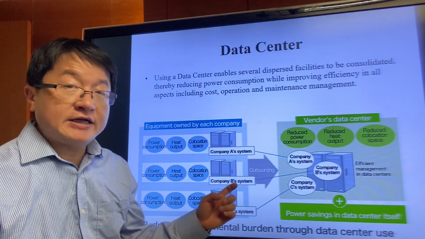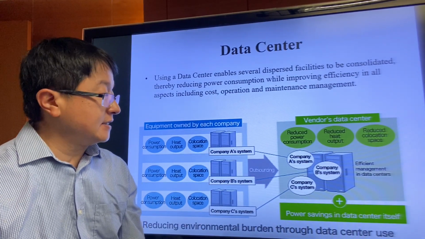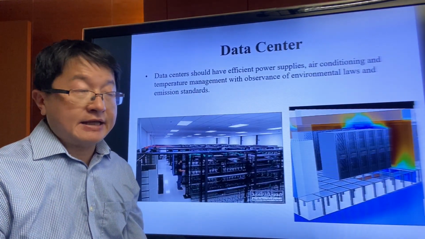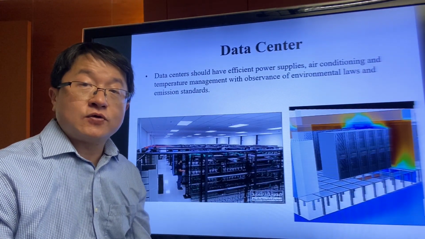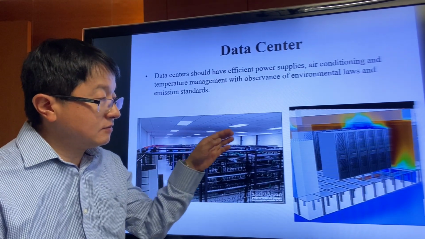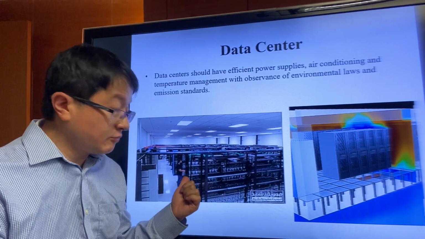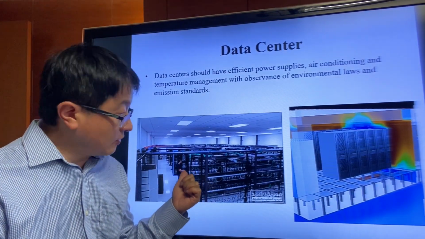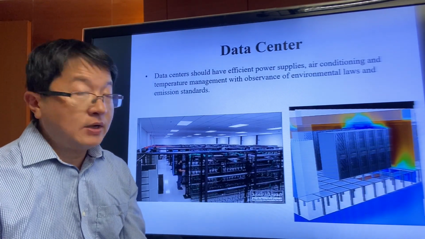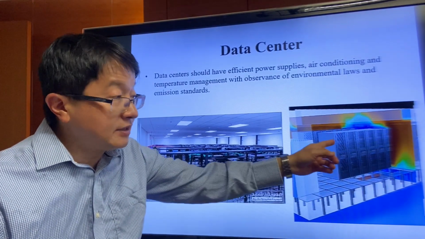One way to achieve energy saving is by improving the energy efficiency of the data center. So we can do some server consolidation and also improve the cooling facilities in the data center. Instead of feeding cold air into the whole data center room, when the temperature is very low and workers inside have to wear thick clothing, why not simply feed the cold air into the equipment rack and cool down the equipment directly?